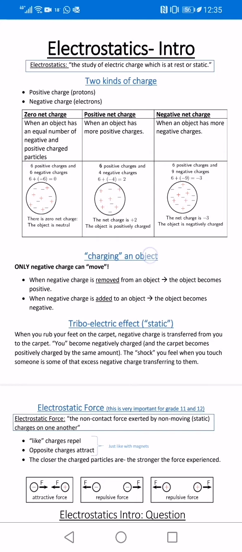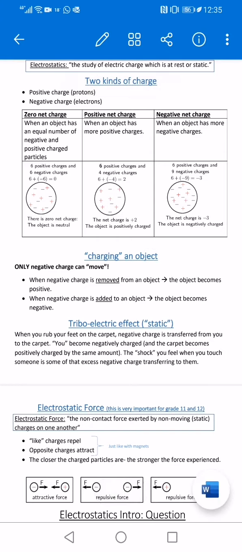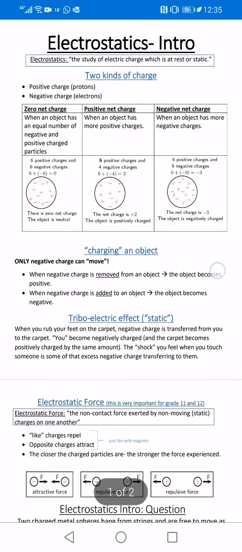Now, when an object becomes charged, there's only one way that an object can become charged, and that is through the movement of electrons. Okay, only negative charge can move. We've seen that your protons are fixed in the nucleus, your protons cannot move, your electrons however can move. So in order to make something positive, that means electrons were removed from the object.